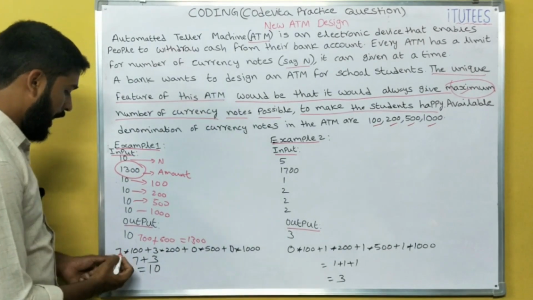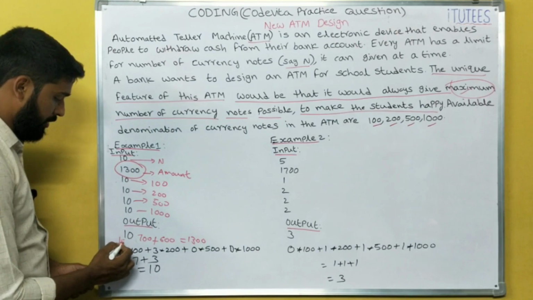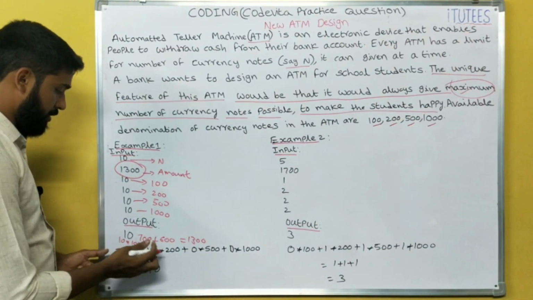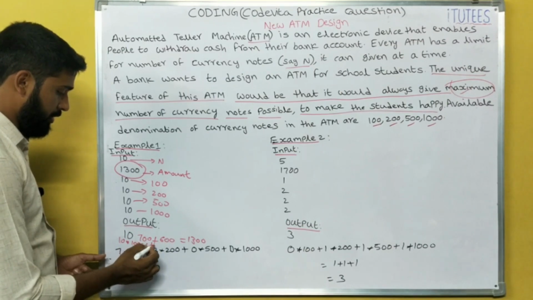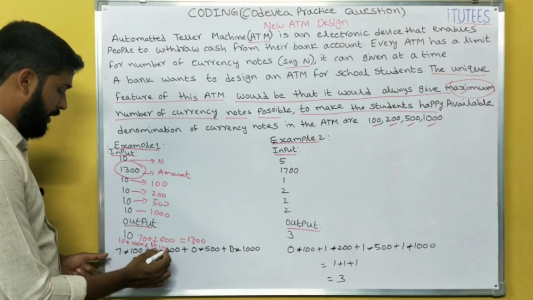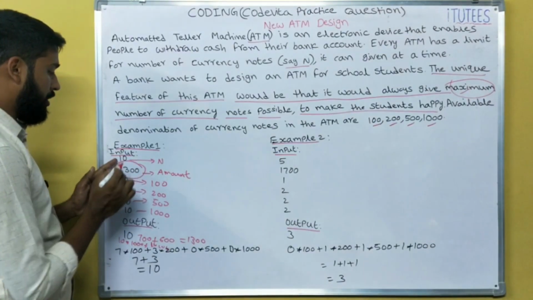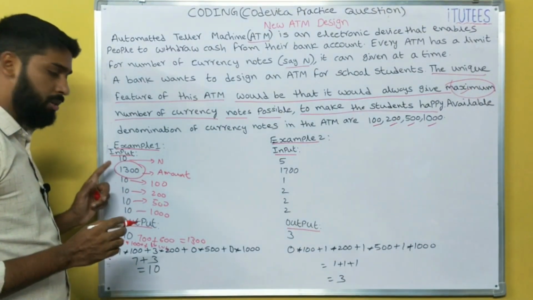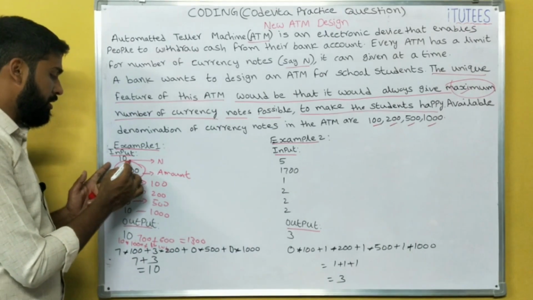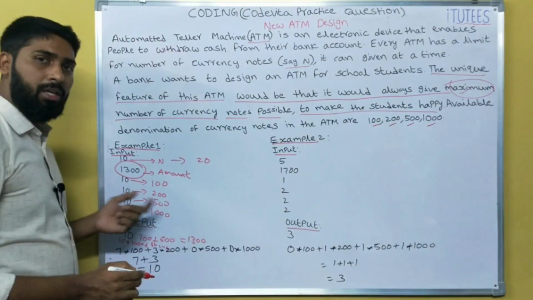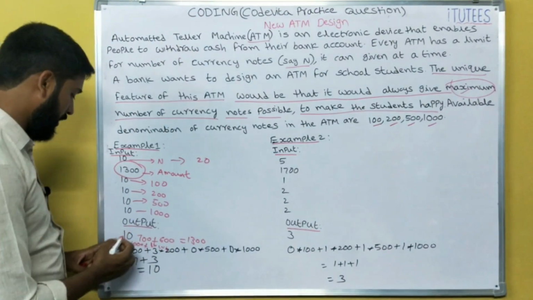If you think all 10 notes are 100 notes, 10 into 100 is 1000, and the remaining 300 needs, for example, 1 note of 200 and 1 of 100, so 11 notes we got. But the maximum number of notes you can withdraw is 10, so the count must be less than or equal to N. If N equals 20, then we get that answer.